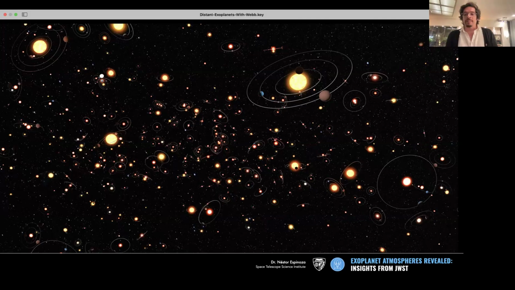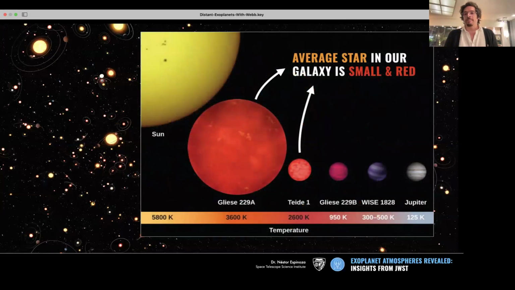But the reality is that if you pick a random star from our galaxy, the random star is actually very tiny. The average star in our galaxy is very small and very red. Here's a comparison of what an average star in the galaxy looks like, and it's very tiny. It's about 1/10 of the sun. It's very, very small. It's very cold.